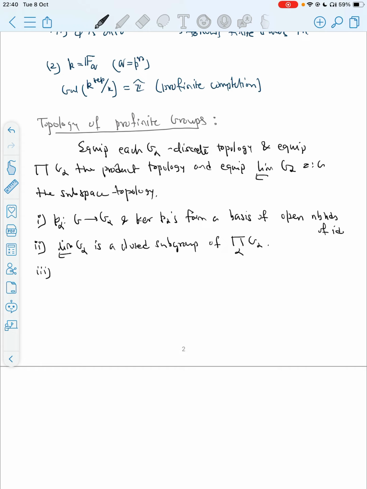And their product is again compact, because a product of compacts is compact. And because it's a closed subgroup of a compact group, by virtue of point 2, it's compact. Moreover, one can show it's totally disconnected and it's Hausdorff.